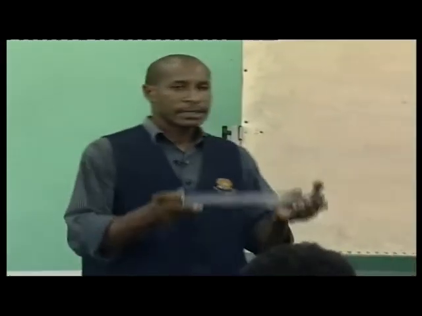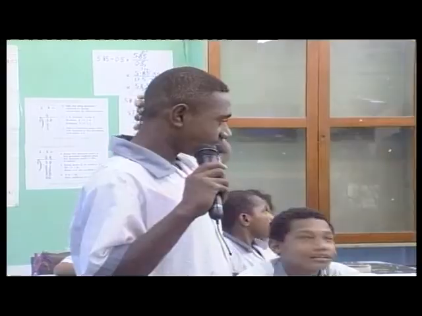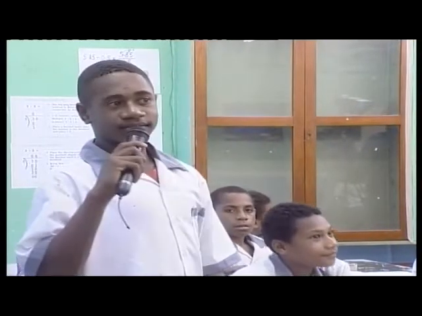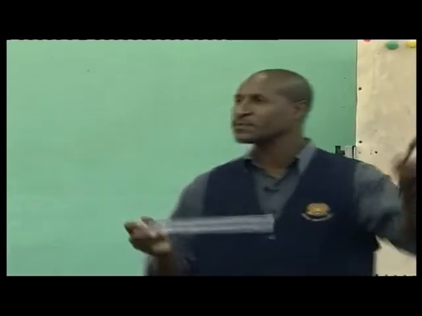Now, Alan, good that you have given the answer. Can you explain a little bit on how you got 300 millimeters? I times 10 times 30. Okay, Alan multiplied 10 times 30. Very good. Let's give him 2 big claps.